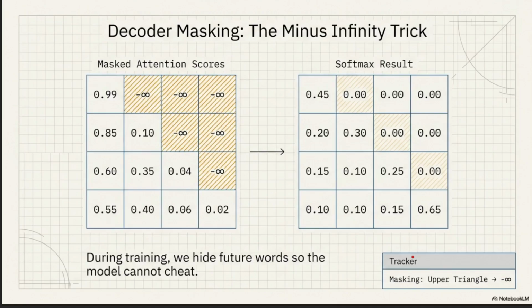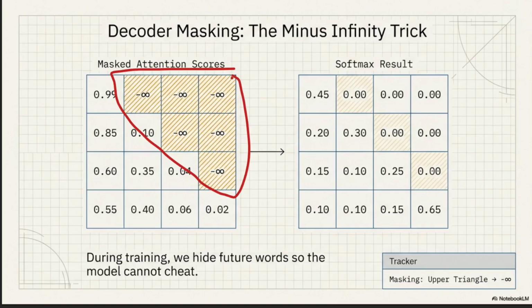Now we move to the decoder. During training, we use masked self-attention because we need to ensure we do not see future words or tokens. To do that mathematically inside the attention score matrix, we set the values in the upper triangle, so this part, to minus infinity.